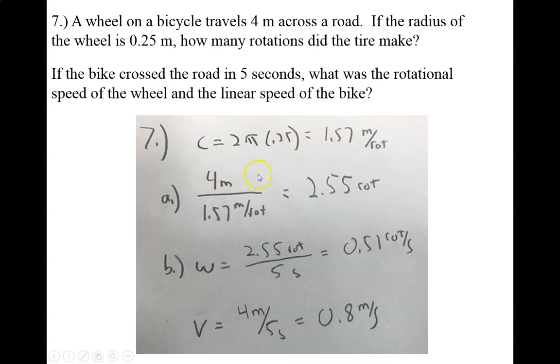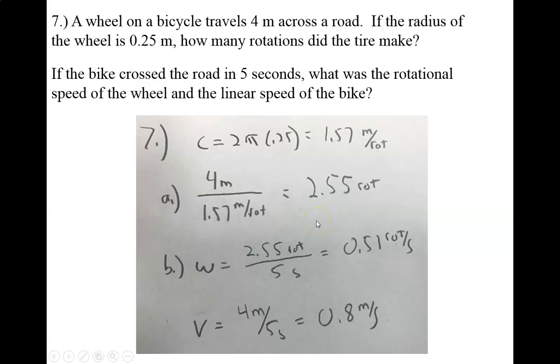Then to figure out how many rotations it makes, I take the 4 meters, which is the distance traveled, and divide it by 1.57, the circumference in meters per rotation. You take the total distance and divide it by the circumference, and that gives you the number of rotations, so 2.55 rotations.